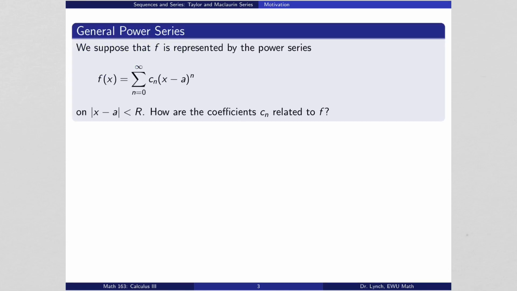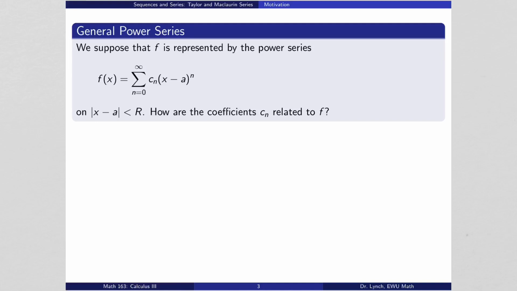Okay, so suppose that we have some power series represented by this general expansion. So f of x is the sum n equals 0 to infinity, c sub n times (x minus a) to the n power, and we know that this is a power series for some function f on some radius of convergence.